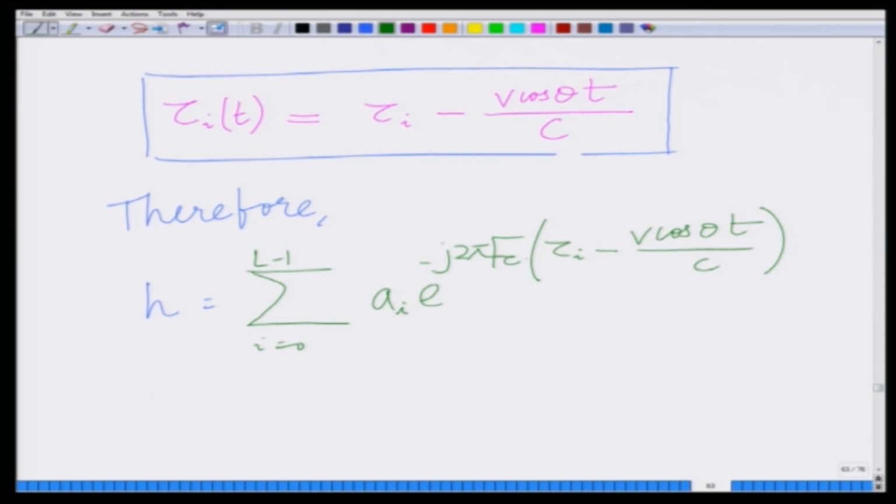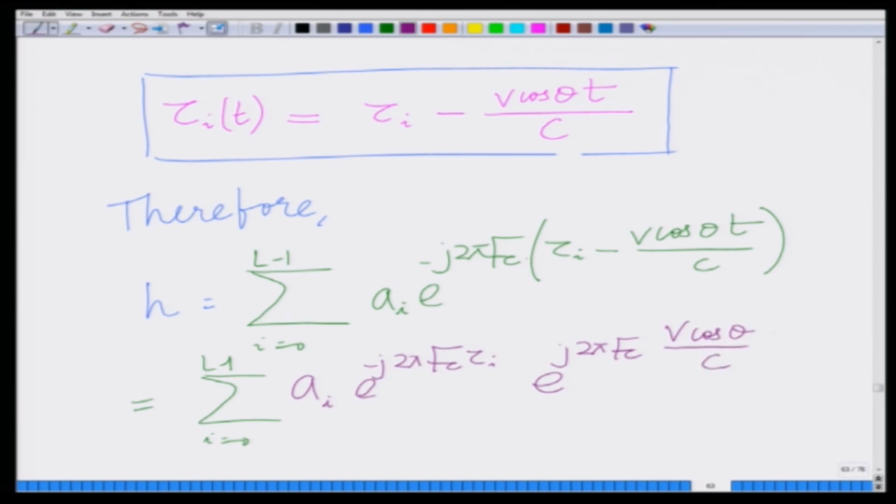This can be further simplified as summation i equal to 0 to L minus 1 a_i e to the power of minus j 2 pi f_c tau_i times e to the power of j 2 pi f_c v cosine theta divided by c times t. But if you look at this part, f_c v cosine theta divided by c, this is nothing but the Doppler frequency f_d.